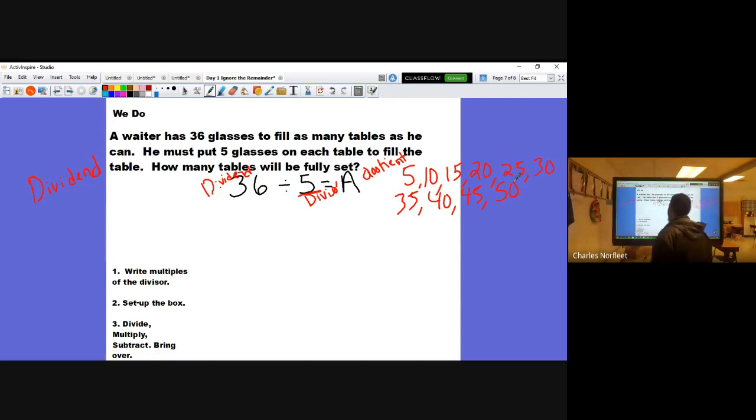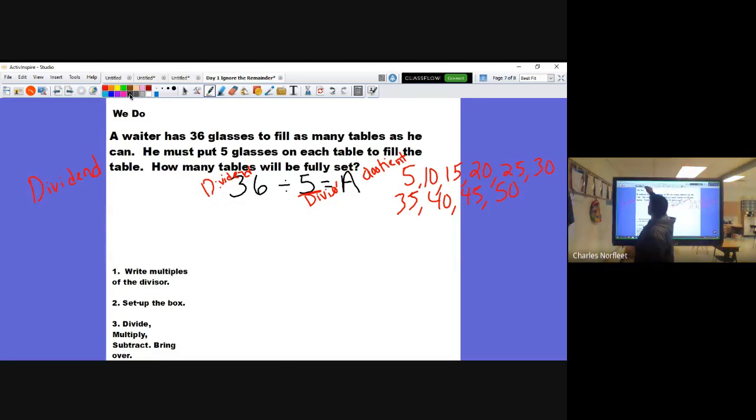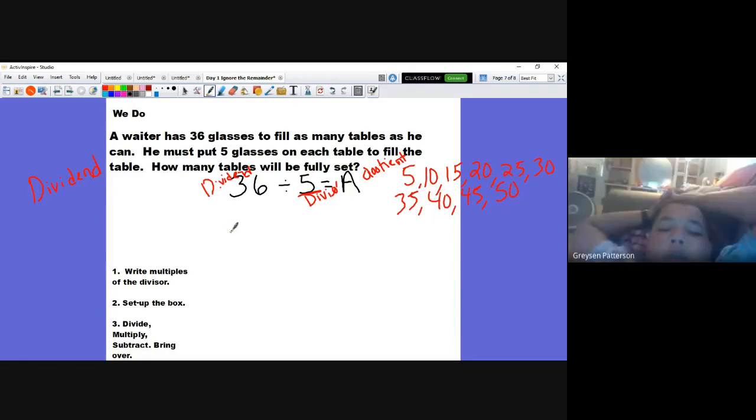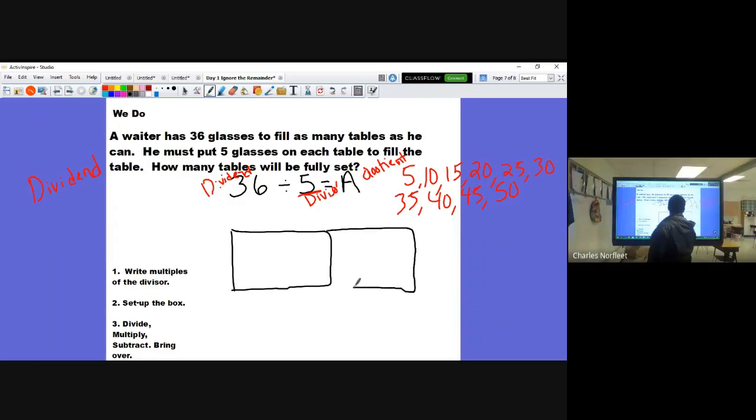Now we're ready to set up the box. Grayson, how many boxes do we need to draw for this division problem? 2 boxes. Now, how do you know that, Grayson? Because the dividend has two numbers. Great job.